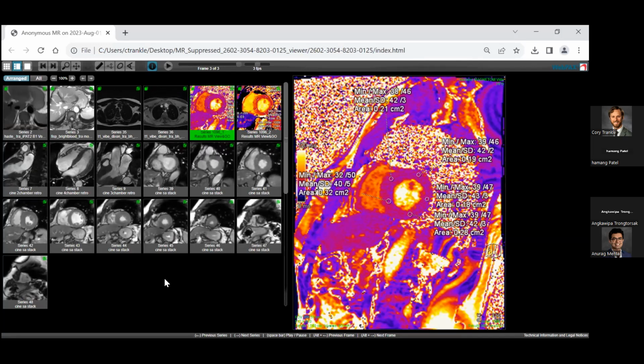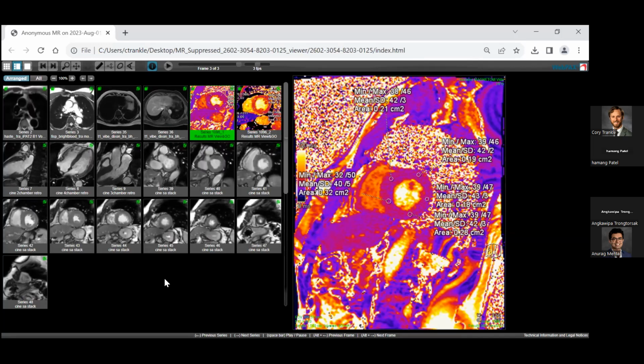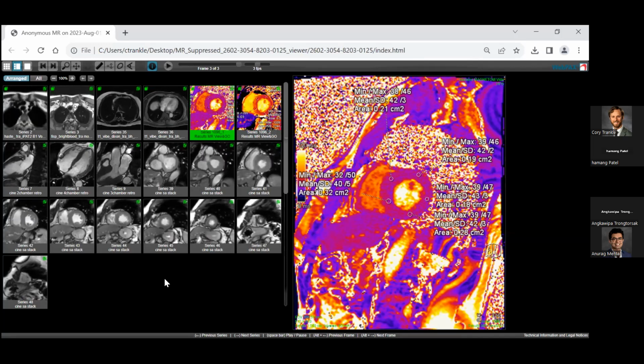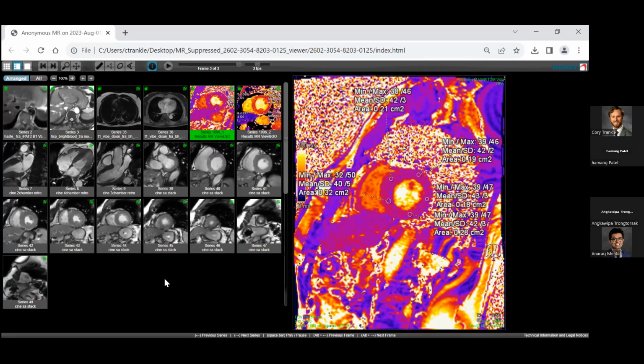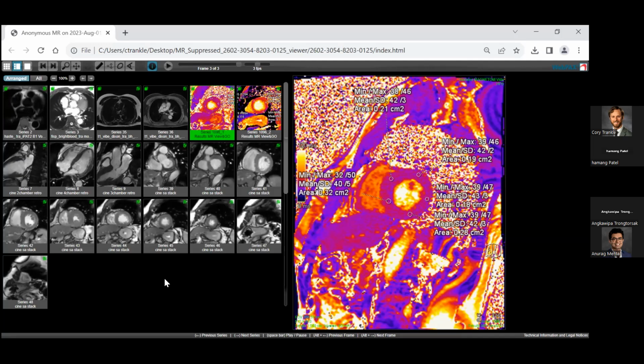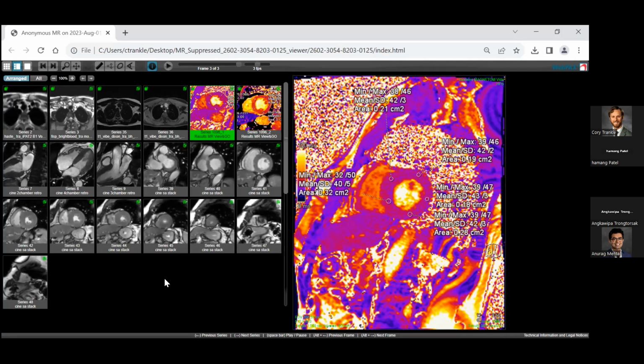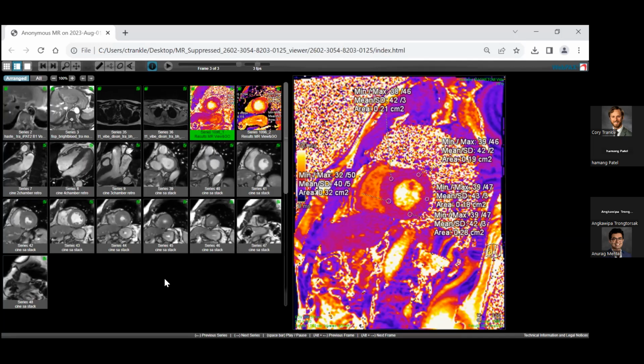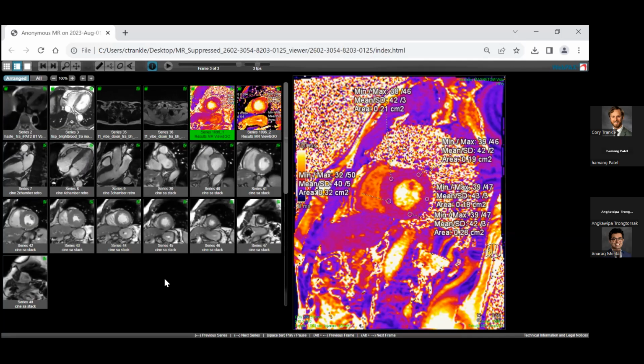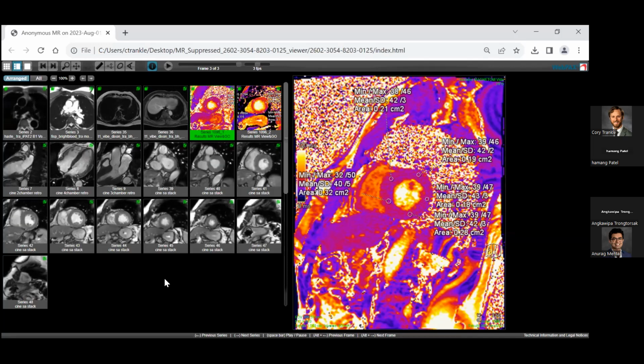Now some people have color blindness, but we can see almost 1 million shades of color. And so when we start talking about how we're going to express the T1, remember that was 1,000 milliseconds for 1.5 Tesla, below that is normal, and 1,300 for the 3 Tesla.